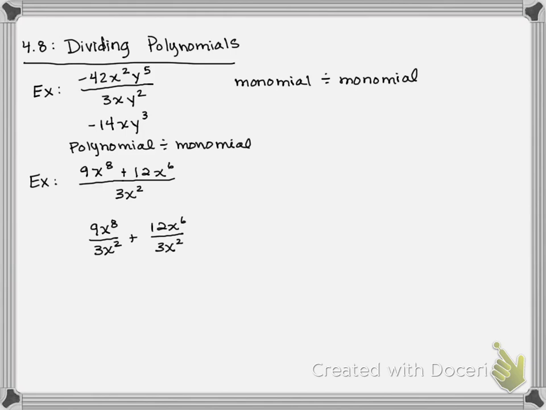So we have 9 divided by 3 is 3. X to the 8th divided by x squared is x to the 6th. And then 12 divided by 3 is 4. And we get x to the 4th.